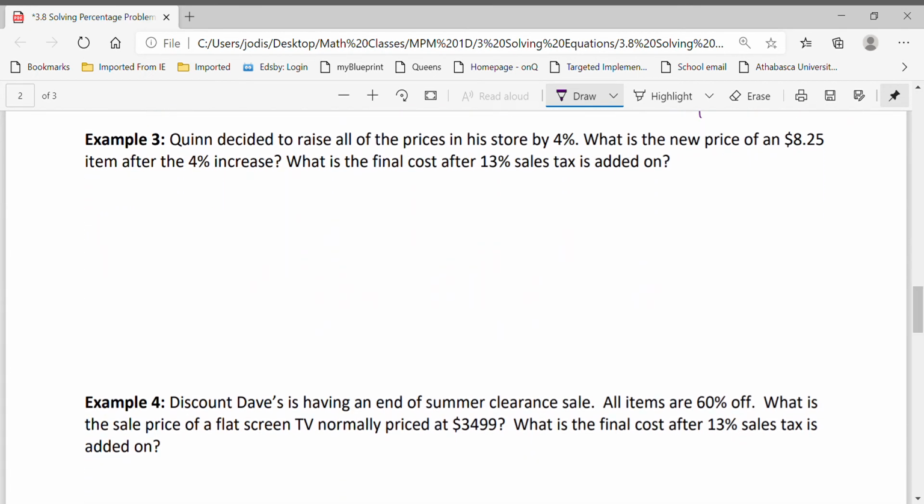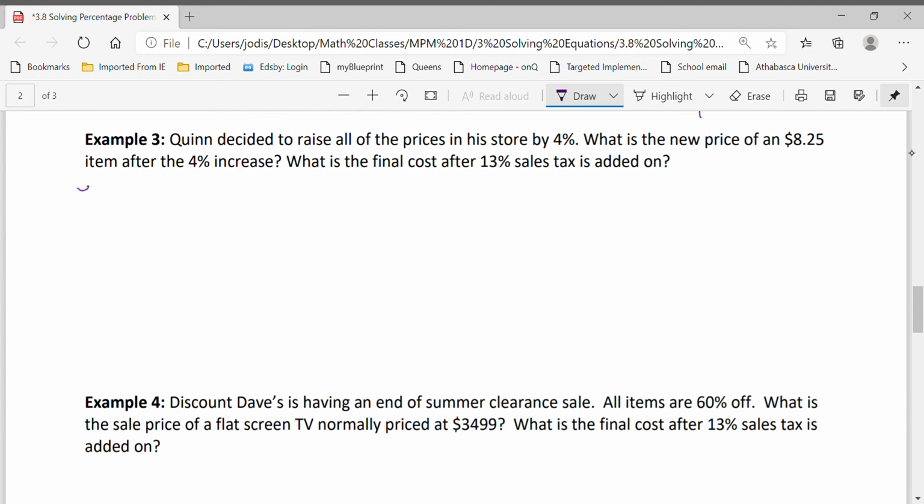Okay, so example 3 here, Quinn decides to raise all the prices in his store by 4%. What's the new price of an $8.25 item after the 4% increase? What's the final cost after the 13% sales tax is added on?